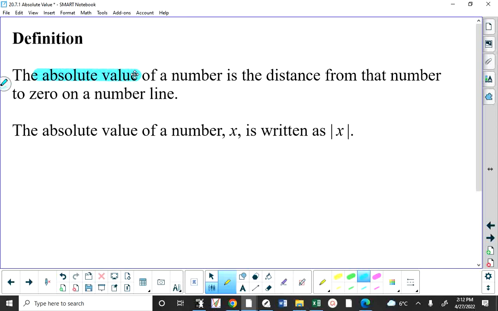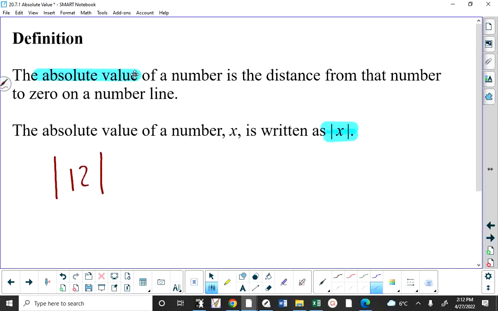So absolute value of a number is the distance from that number to 0 on a number line. If the number is given by x, we use that symbol to mean absolute value of x. So when you see two vertical lines on both sides of a quantity, that means the absolute value of that quantity. So this means the absolute value of x.